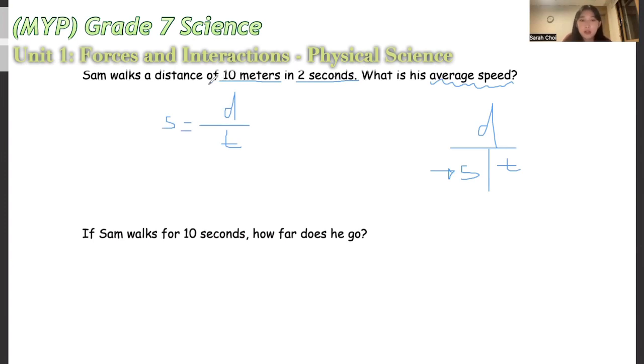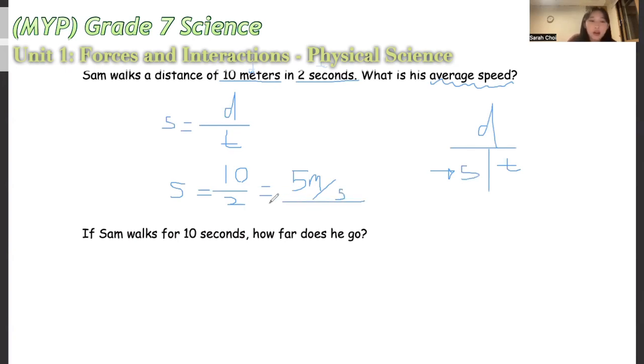Walking a distance of 10 meters would be the distance, and 2 seconds would be the time. So we simply have to divide his distance, which is 10 meters, by time, which is 2 seconds, to find his average speed. This would be 5 meters per second.